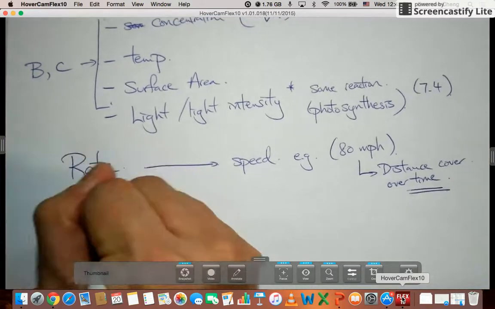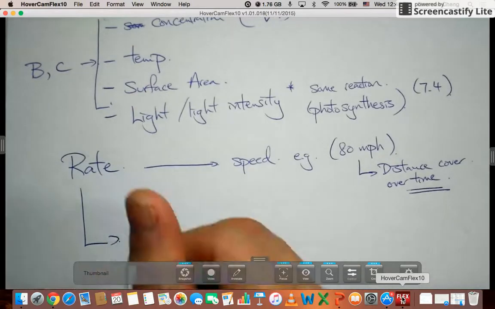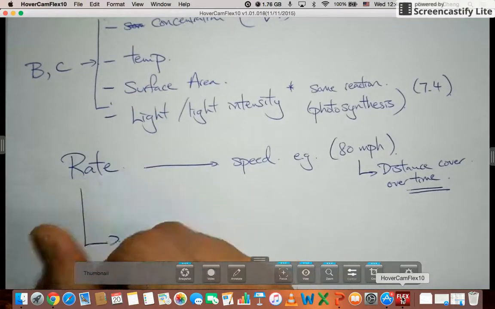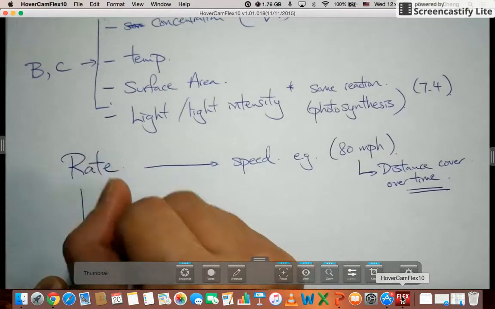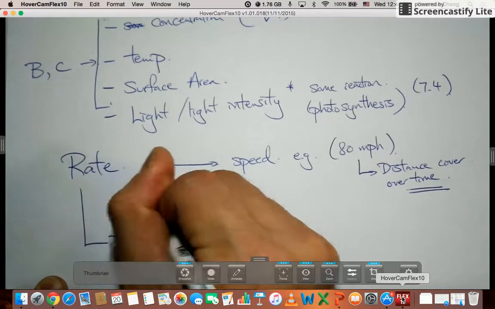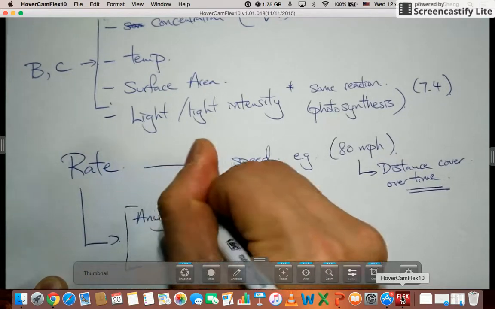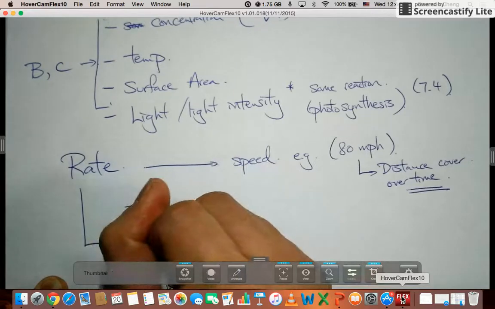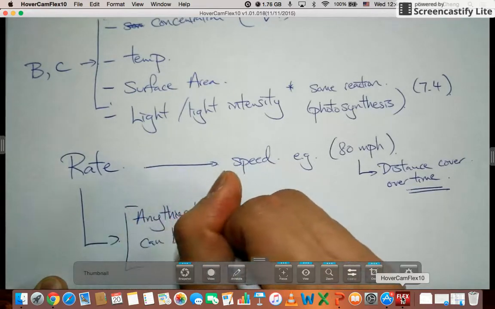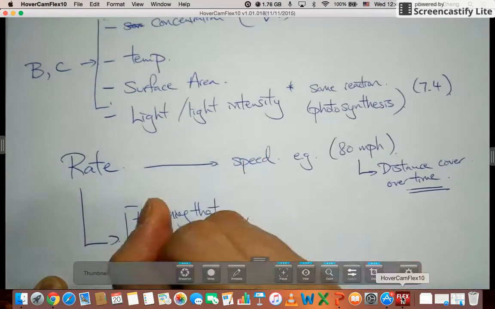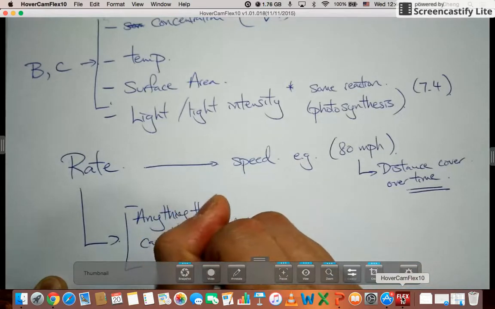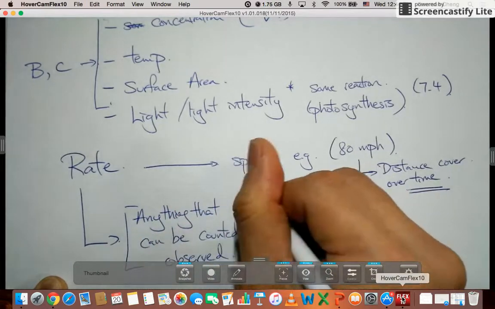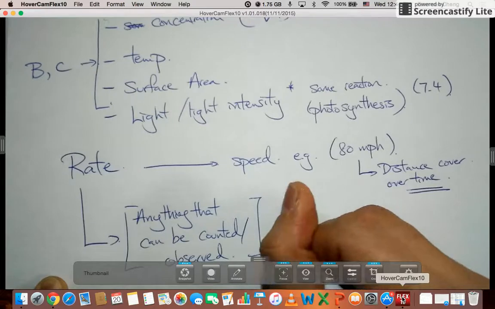So in science and chemistry or anything really, a rate can be anything that can be counted or observed divided by time.